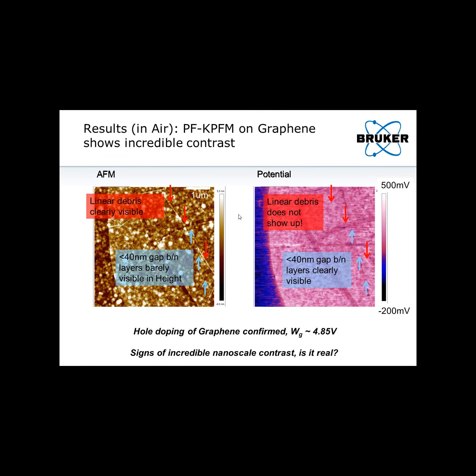This is done in air, and you can immediately see that there's an incredible contrast between the silicon nitride substrate, which we don't expect to even have a force gradient. It should be an insulator, should basically have around 0, but it may have some trapped charges, it may have some contamination. At the end of the day, it does have a slight contact potential difference with the tip, but it's less than 100 millivolts.